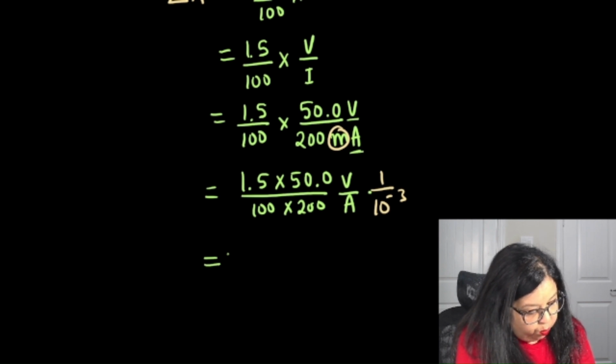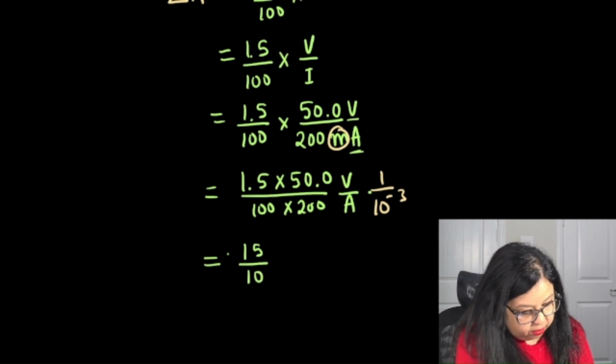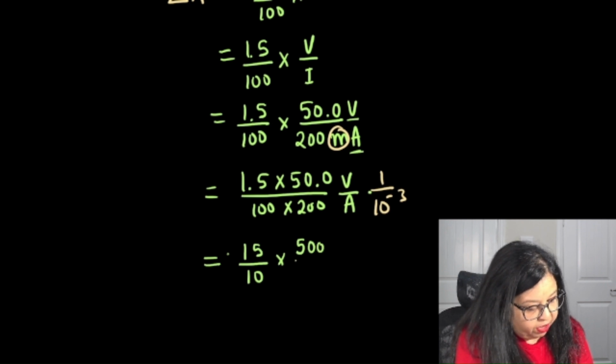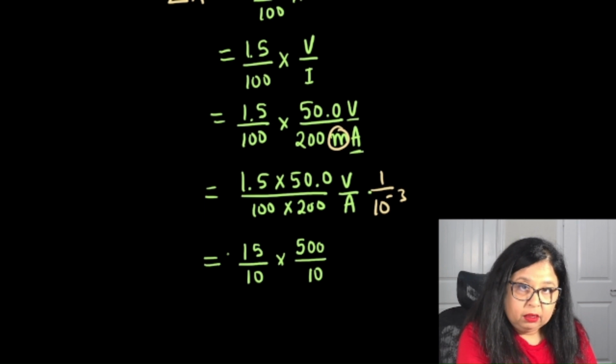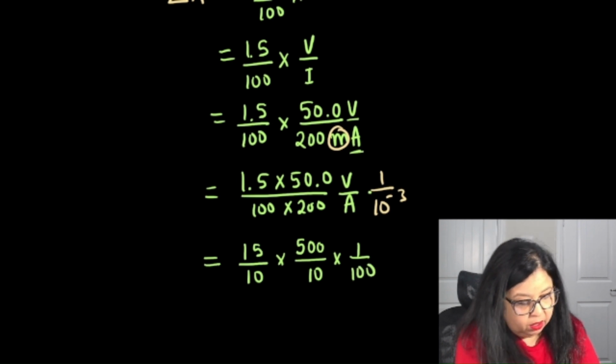So I have 1.5 at the top, which I can write as 15 divided by 10 times 50. If you want to write that as 500, that is, get rid of the decimal, then you should divide it by 10. 50 divided by 10 is 50.0. 100.